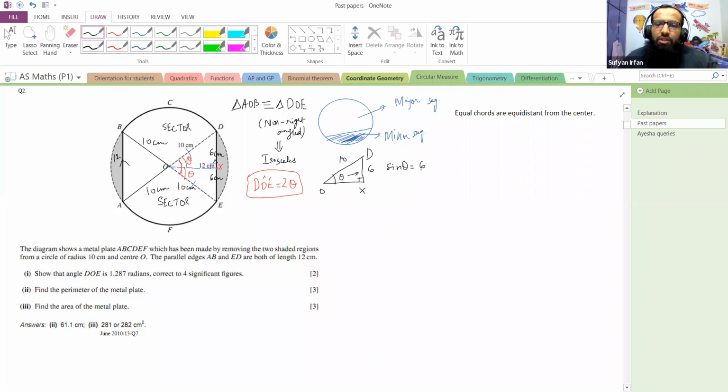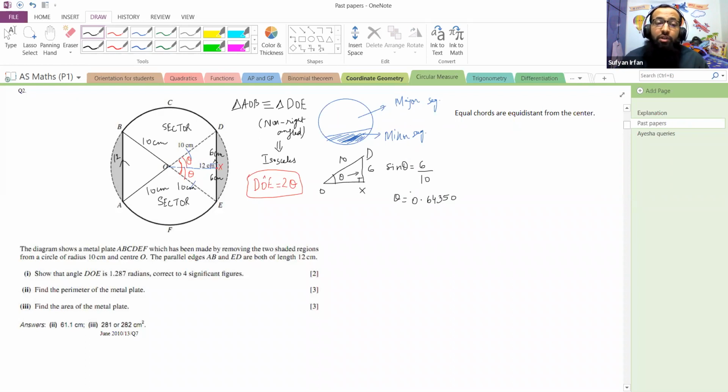Sine theta equals opposite upon hypotenuse. Convert your calculators to radian mode and find the value of theta. Sine inverse 6 upon 10, the value of theta is 0.64350, correct to 5 significant figures.